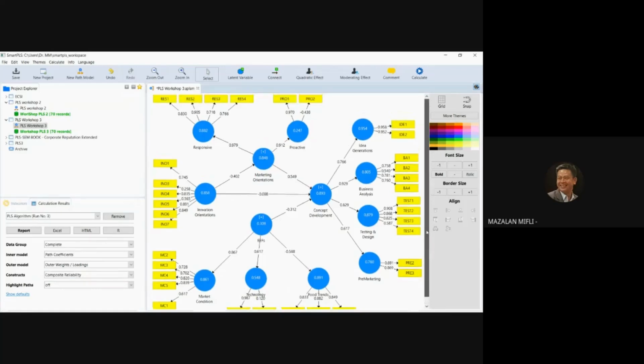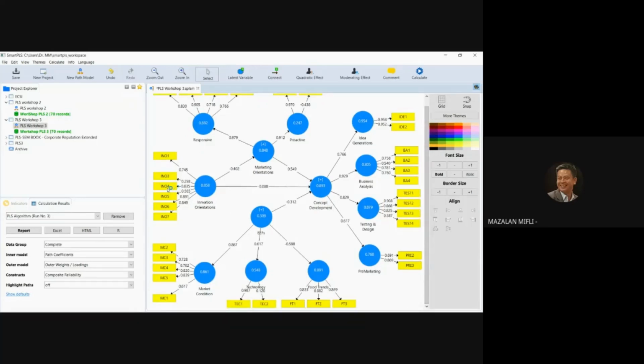What are you gonna do? So there you go. Here is another low one, 0.2. This one has to go, and this one has to go. So this Proactive we're gonna have one indicator, and this also has one indicator. All right, let's do it.